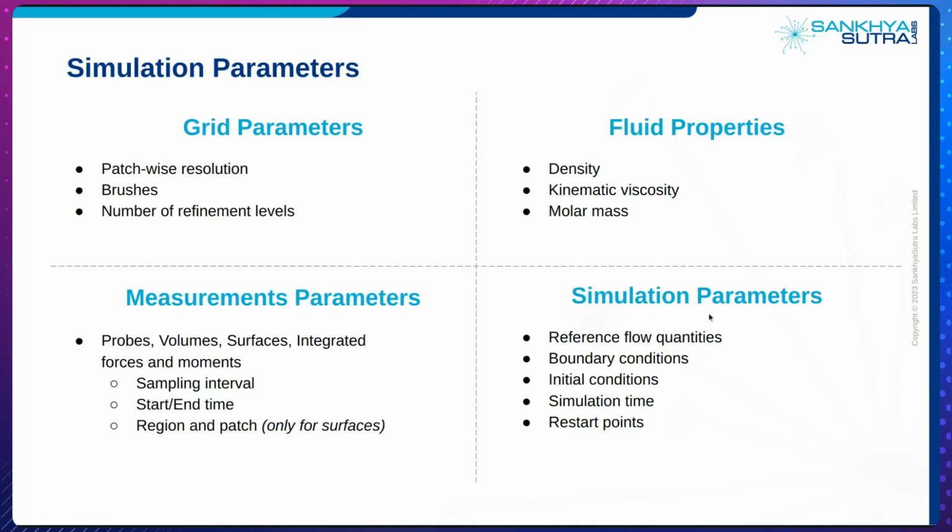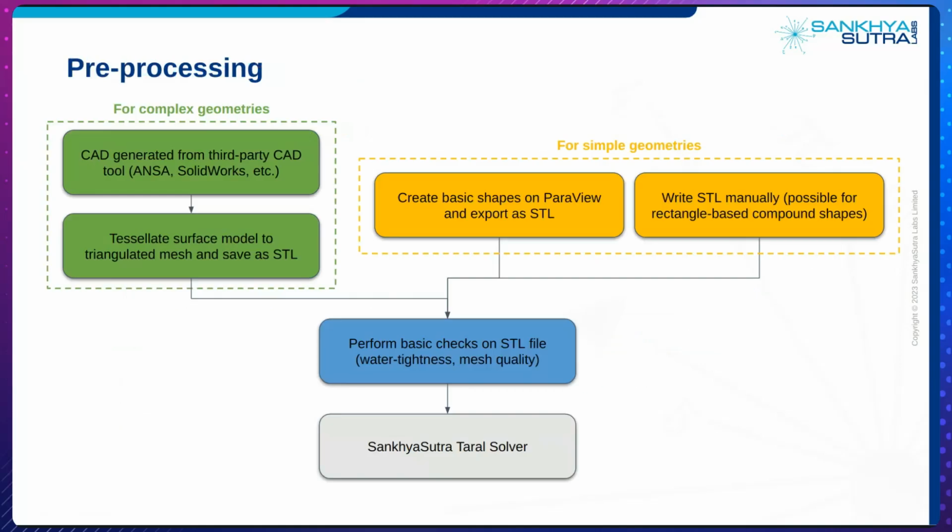And then finally, you set the simulation parameters, which are essentially your reference flow quantities, the quantities that you want to compare against. Then you set your boundary conditions for all patches that you import. For the initial conditions for your domain, you set your velocity and temperature at the instance when the simulation begins.